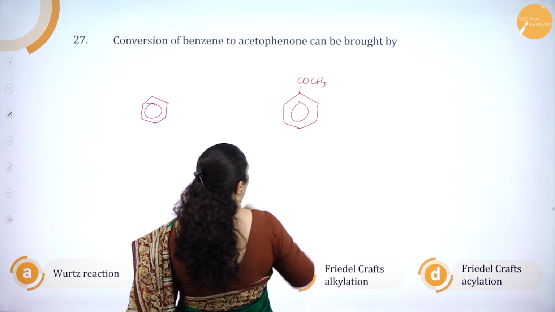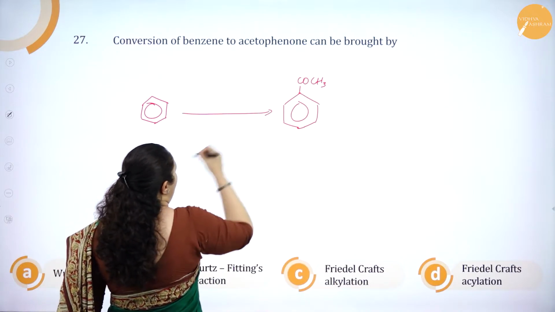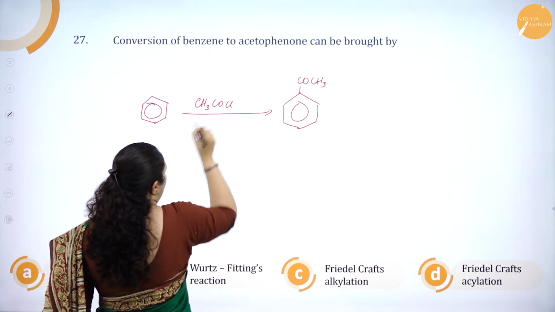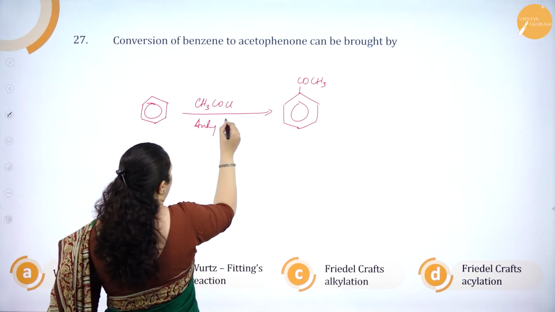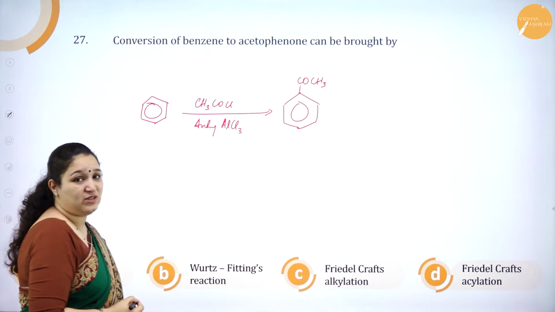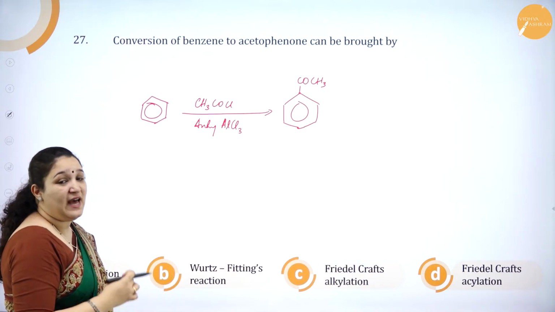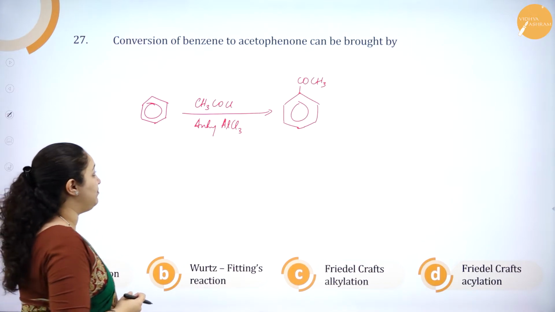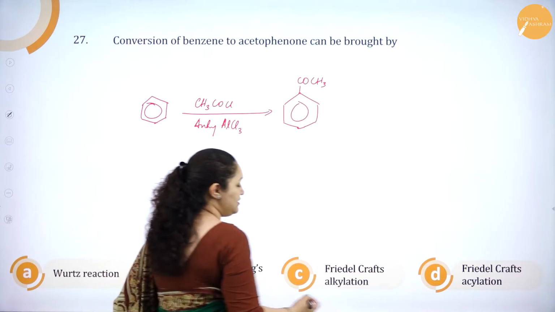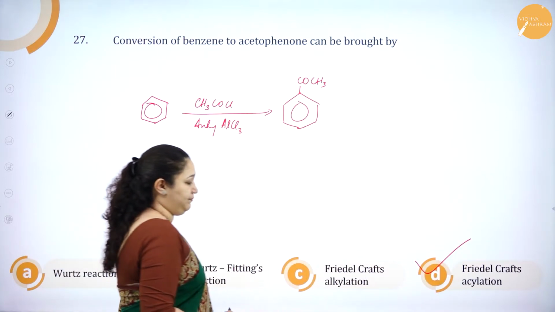Okay. So I can do it with CH3COCl in the presence of anhydrous aluminium chloride. So which reaction is this? It is the Friedel-Crafts acylation reaction, because we are adding the COCH3 group, isn't it? So the answer is option D.